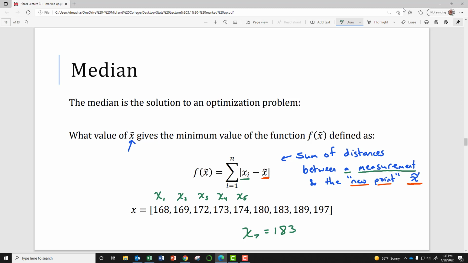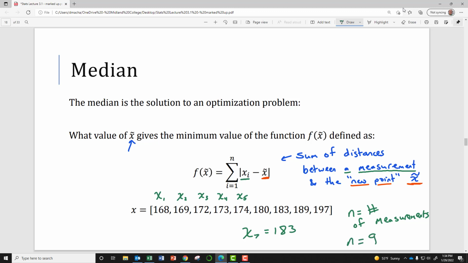And what this summation is telling you is that I'm going to let my index variable range between 1 and n, where in our case n is just the number of measurements. And so we have 5, 6, 7, 8, 9. So we say n is equal to 9.